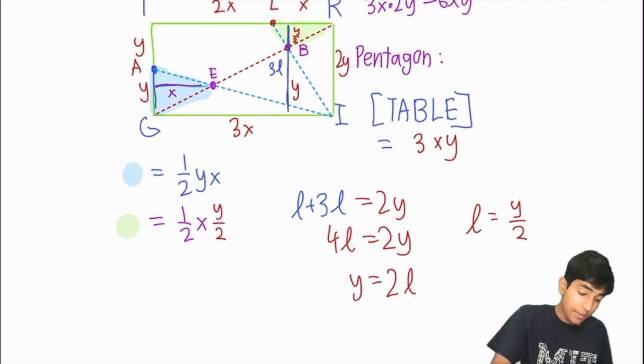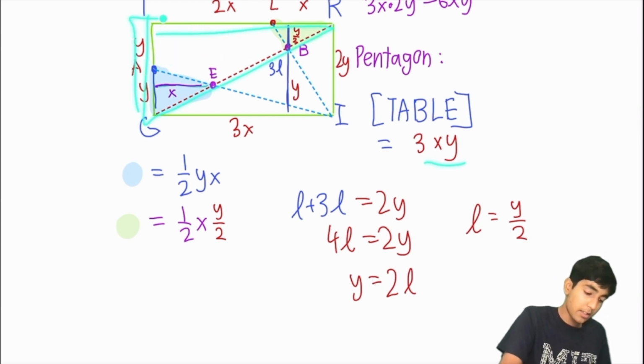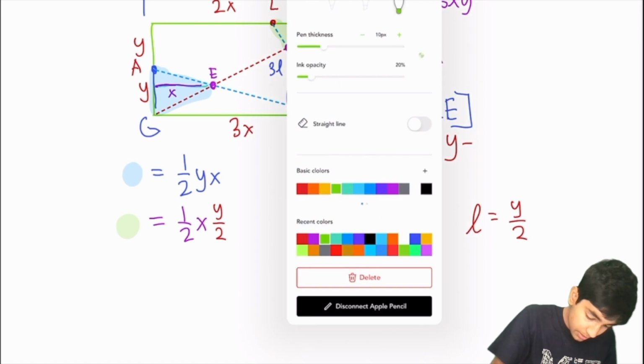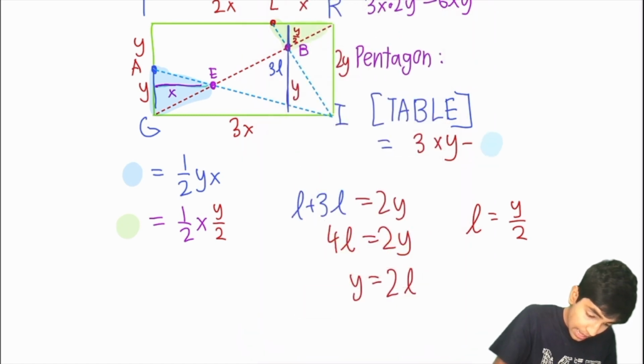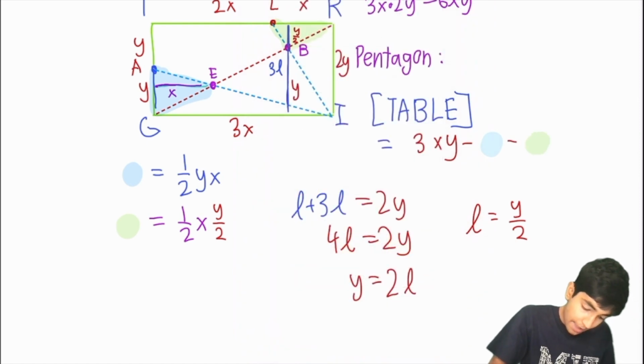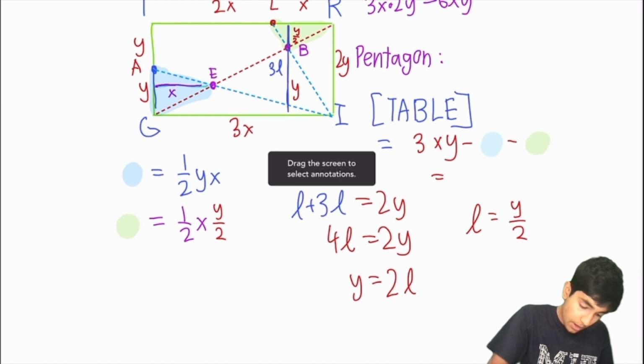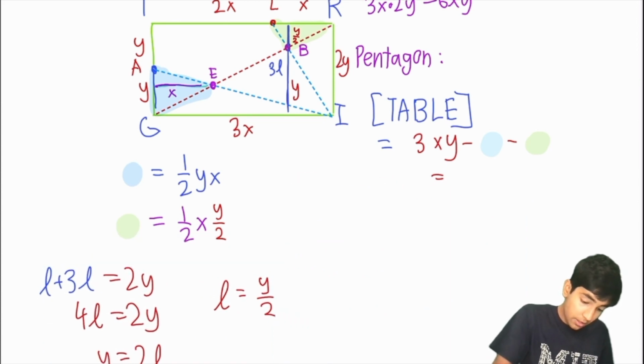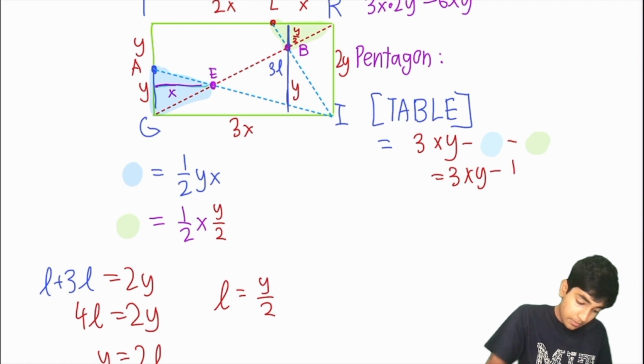So the area of this region over here is just the area of the triangle, which we found to be 3xy by the half base times height formula, minus the area of the blue region and the green region. And now the area of the blue region is half xy.